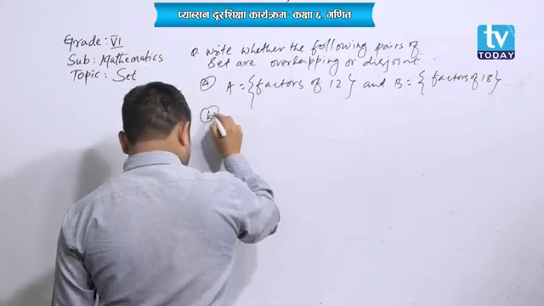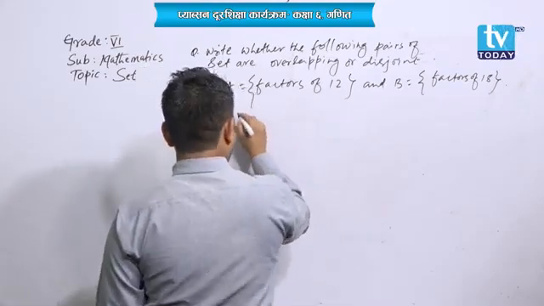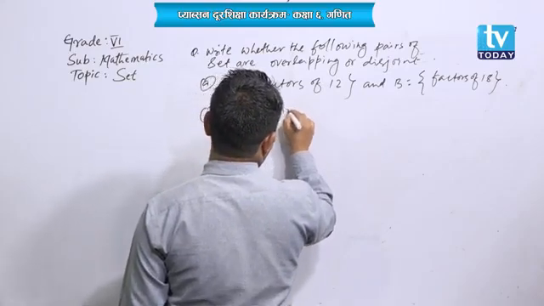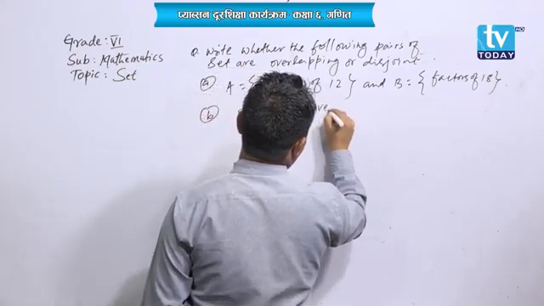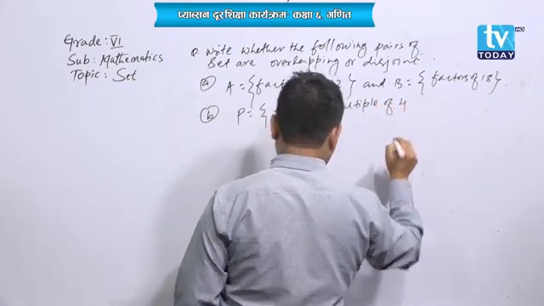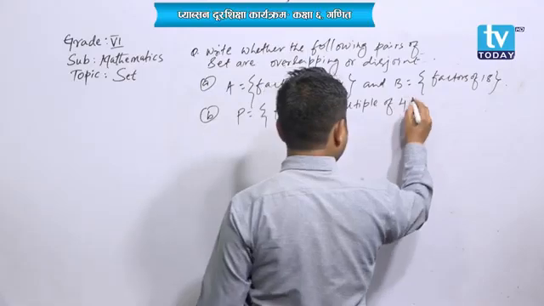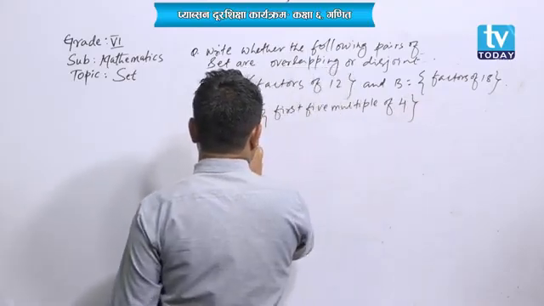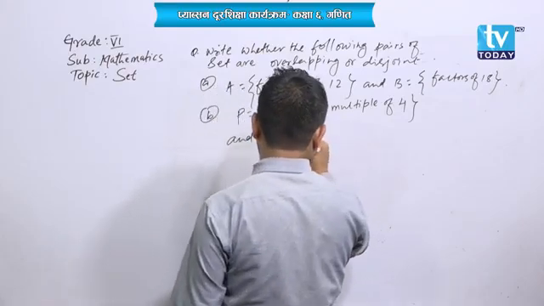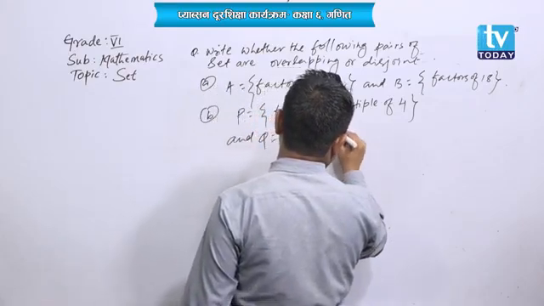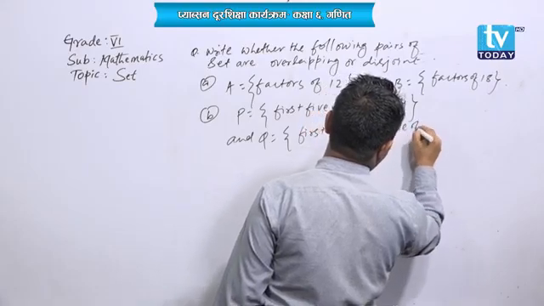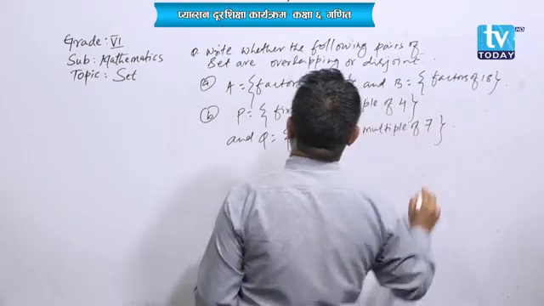Number two: P equals the first 5 multiples of 4 and Q is the first 5 multiples of 7.